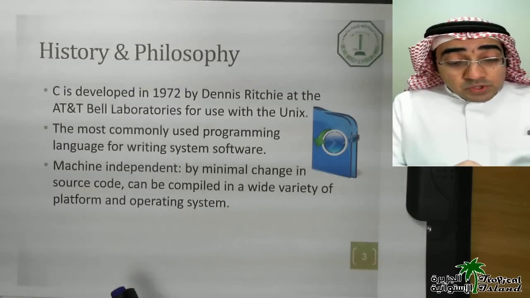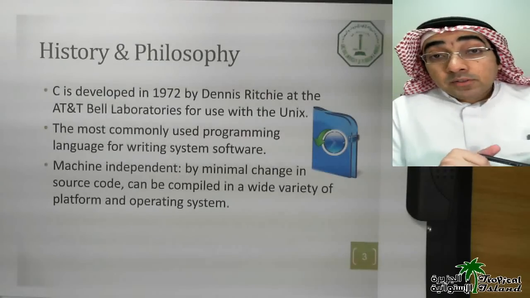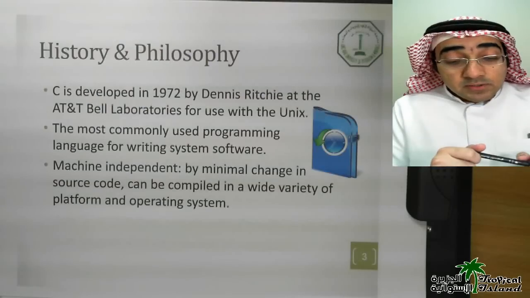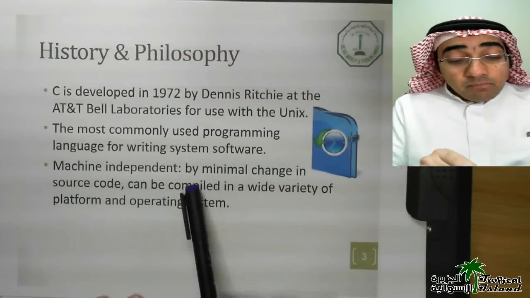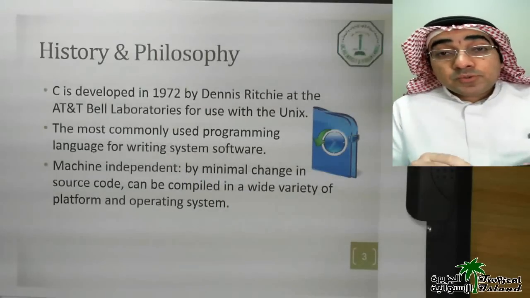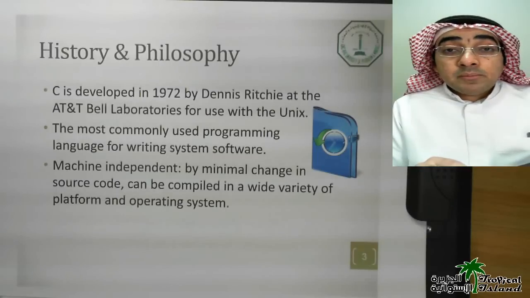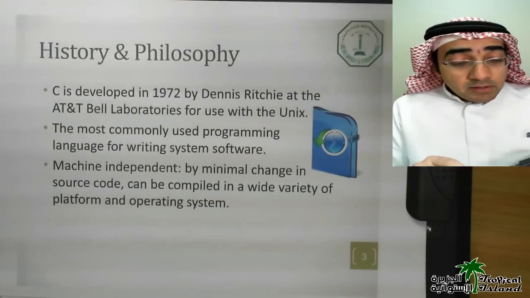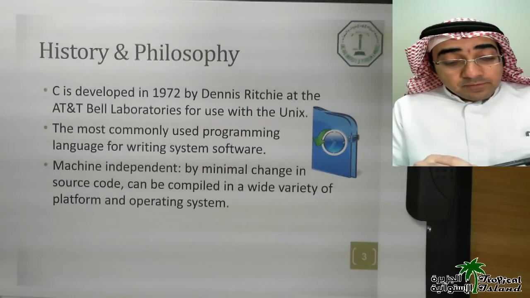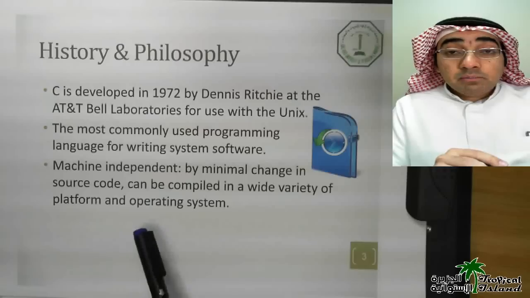C is machine independent. Okay? You can compile it on a variety of machines and you can run it on almost any machine that you can actually imagine. Sometimes you might have to do a minimal change to the source code when you compile from one machine to another. However, in this class, whatever source code you're going to produce will not have very much effect if you're going to compile it on different machines.